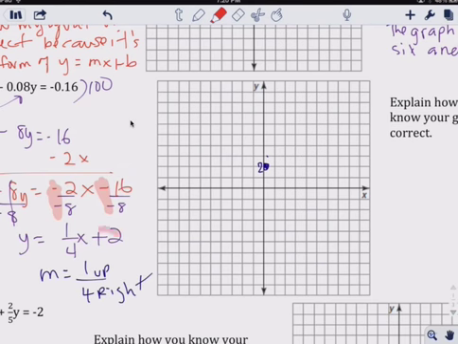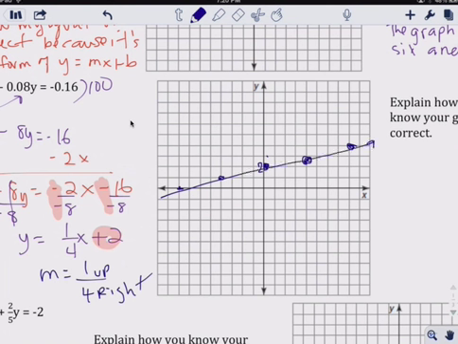Up 1, right 4. It's so messy. Ran out of room, down 1, left 4, the opposite, to keep the line straight.